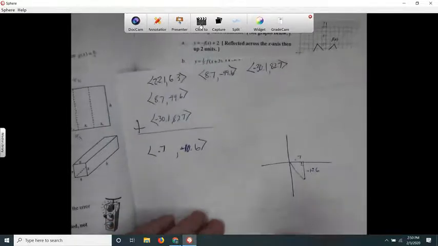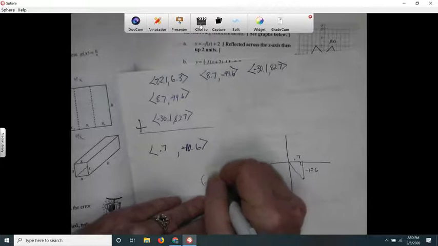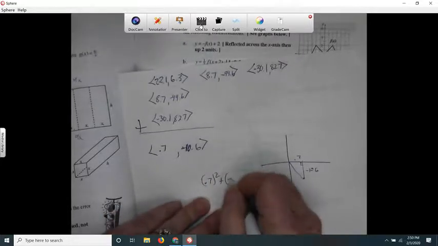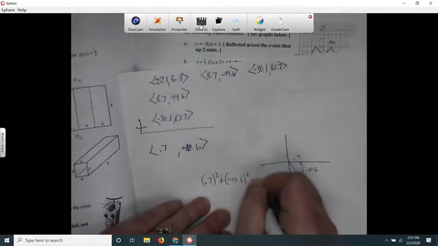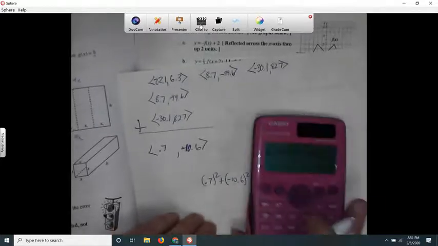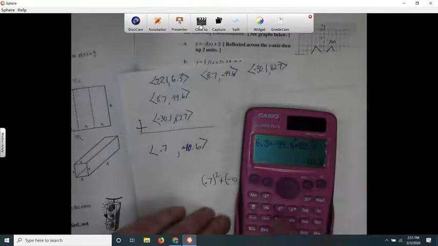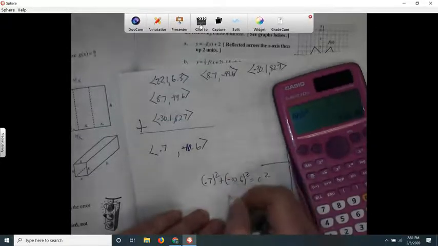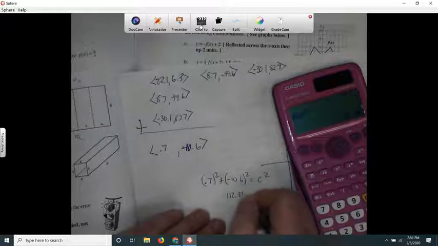So 0.7 squared plus negative 10.6 squared equals c squared. So, hey, can I just push squared? So this part right here is 112.36.